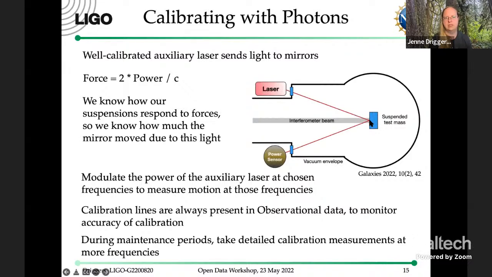So we know very precisely what force we are applying to our mirror. And since we then know how our mirrors respond to the forces, then we can know how much the mirror must have moved due to this light from the extra laser beam.